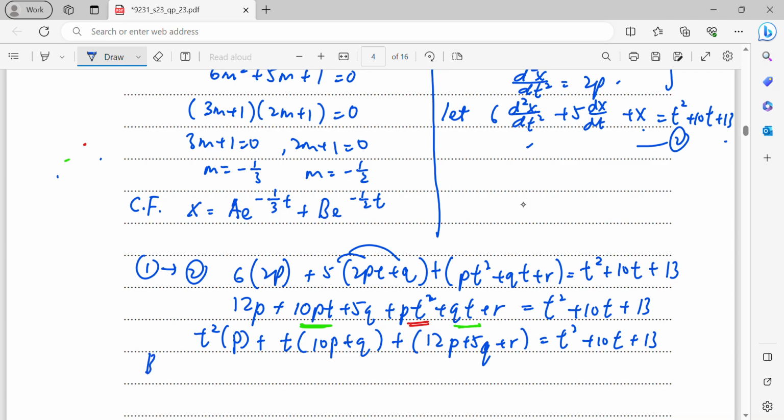Then now I will write by comparing the coefficients of t squared, t and constant.